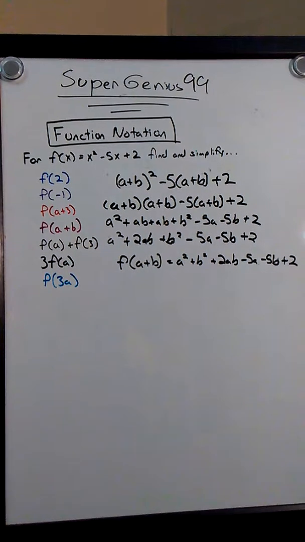So f of a plus b equals a squared plus b squared plus 2ab minus 5a minus 5b plus 2.